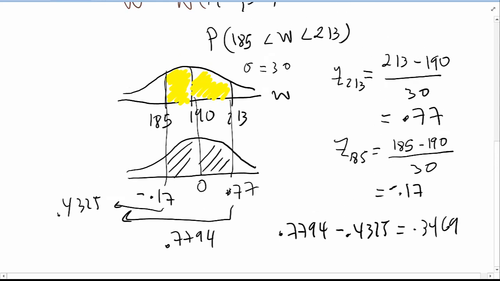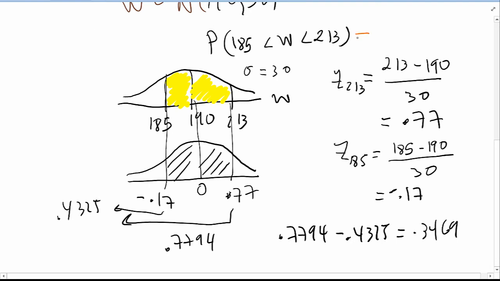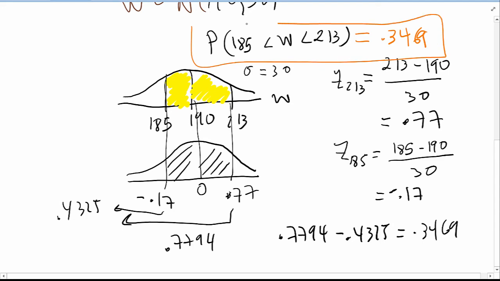So the answer of this problem is 0.3469. Again, how do we read this? Two ways. We can say that 35% of adult males weigh between 185 and 213, or the chance that we get an adult male from this population whose weight falls between 185 and 213 is 0.35.